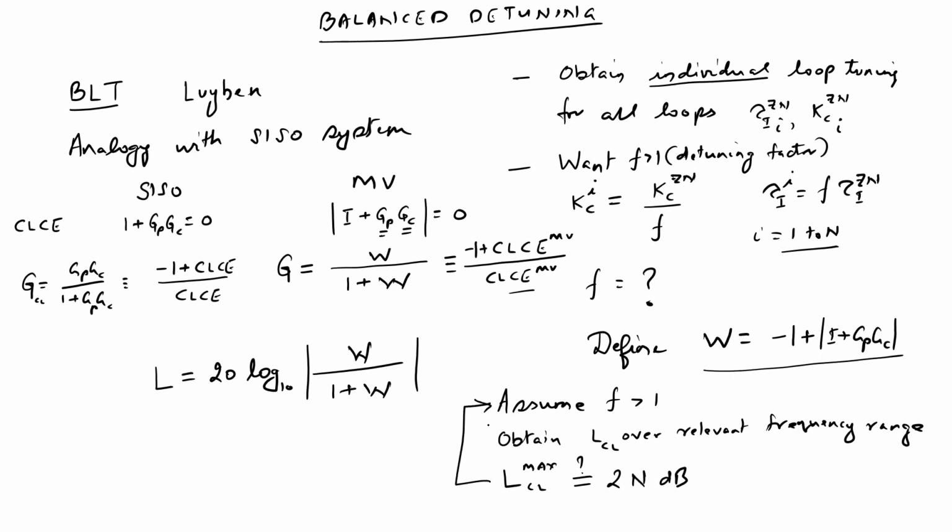reassume f. Let us say LCL max is greater than 2 dB. Let us say it is 6 dB. Sorry, let's say there are 2 loops. So you want LCL max to be 4 dB, and let's say your LCL max turns out to be 8 dB. Then what do you do? You increase the detuning, and that 8 dB will then go down, and you keep on increasing f until that 8 dB goes down to 4 dB for a 2 by 2 system.